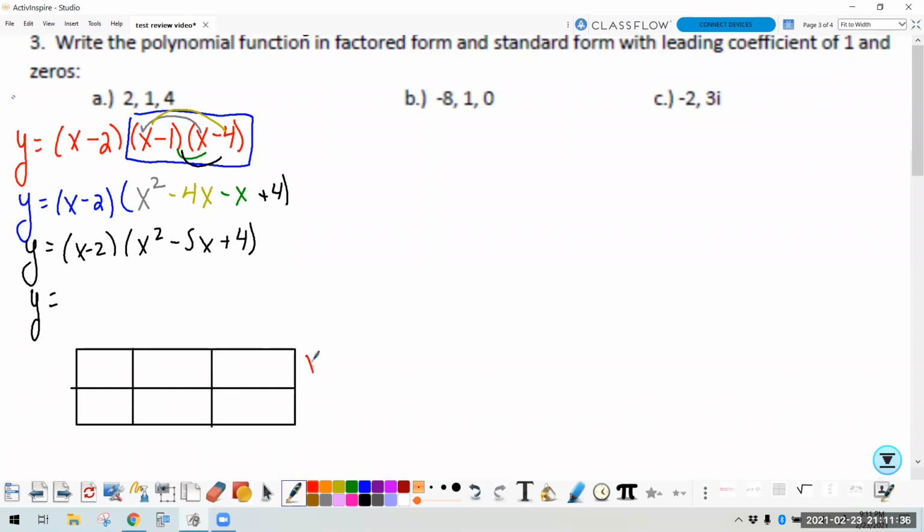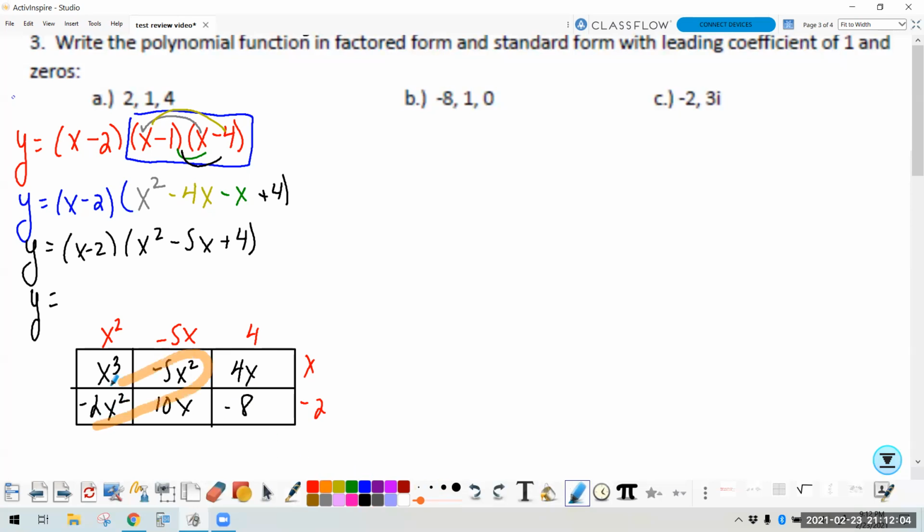Okay, so the binomial is x minus 2, and x squared minus 5x plus 4. So you've got x squared times x, negative 5x times x, 4 times x, x squared times negative 2, negative 5x times negative 2, 4 times negative 2.